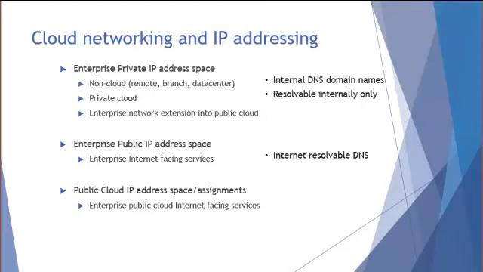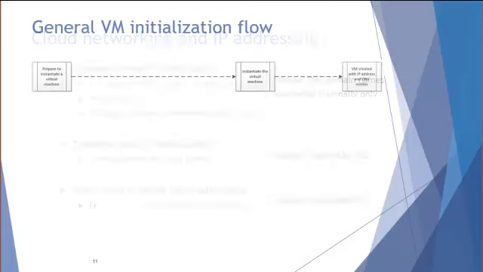It's internet reachable, but it's really in essence attributed to the enterprise. So as an enterprise, you need to track that and be able to make sure those resources are reachable. And again, internet resolvable DNS. So that's another view of those three clouds, just to summarize the different classes of address space that need to be tracked and managed.